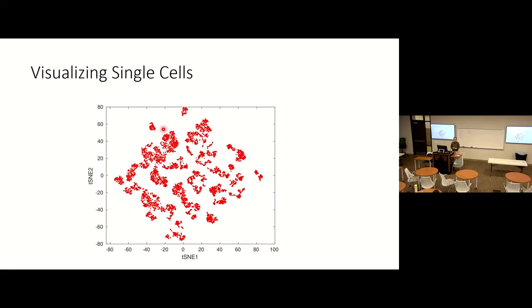Then you project them and try to keep their original relationships. So PCA is built on rotation matrices, and t-SNE is built on a generative model, basically.